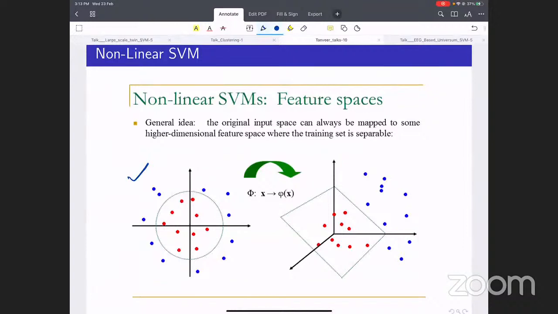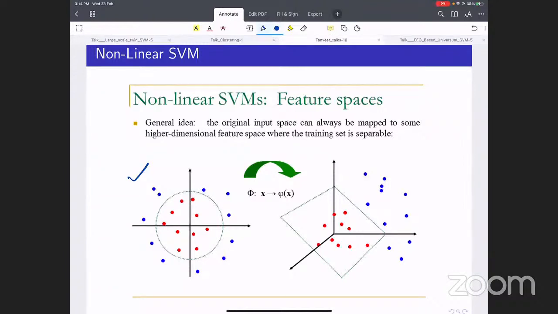As I mentioned, if data points are not linearly separable in one dimension, they can be linearly separable in a higher dimension. So with this idea, we are moving to more dimensions. You can see on the left side, for this data we cannot draw a line that can linearly classify.